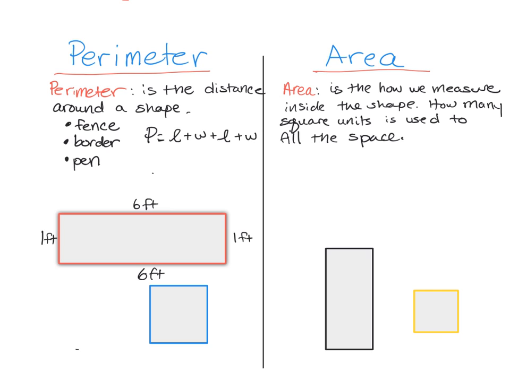Okay. So now to figure out the perimeter, all I have to do is add up those sides. I'm literally just doing 6 plus 1 plus 6 plus 1. To make things easier to add, I would say 6 plus 6 is 12, and then 1 plus 1 equals 2, and then I would get 14.